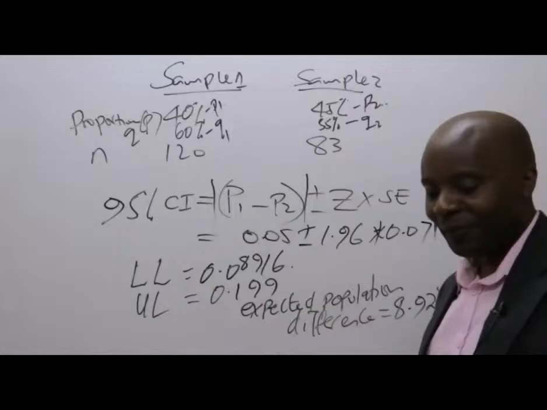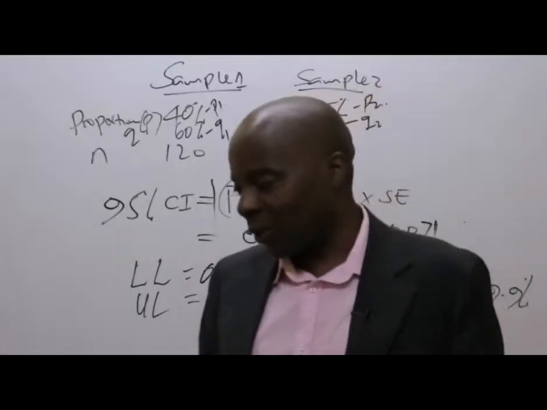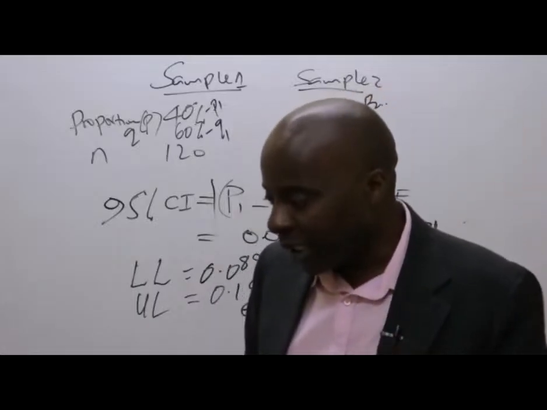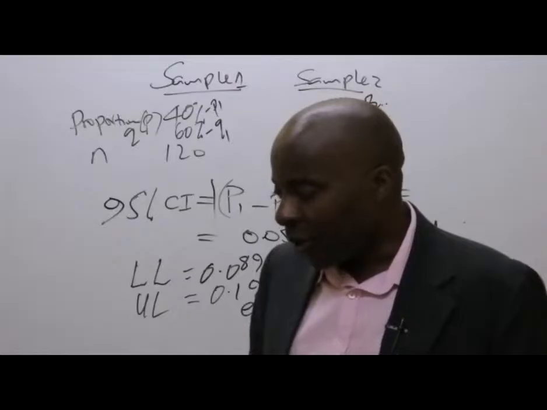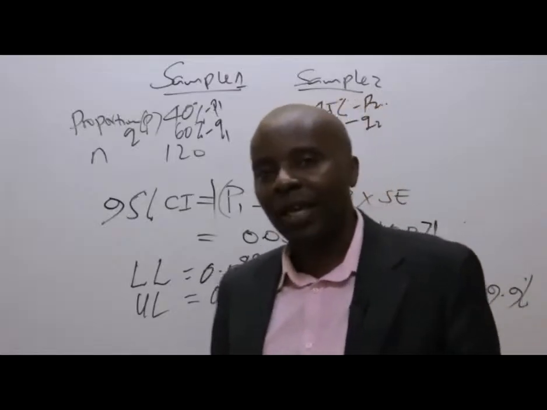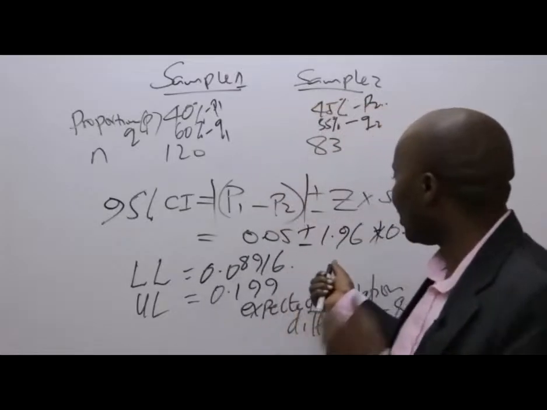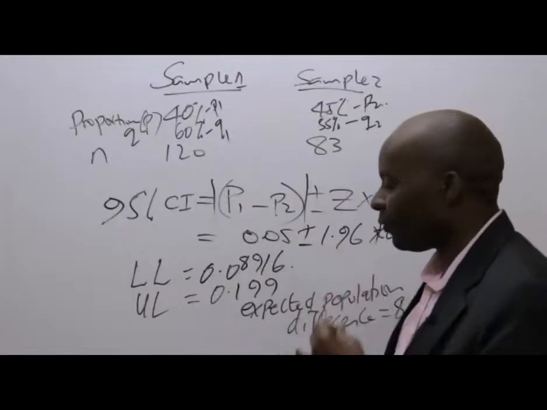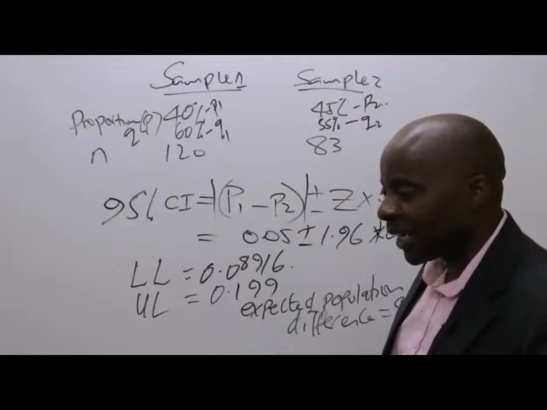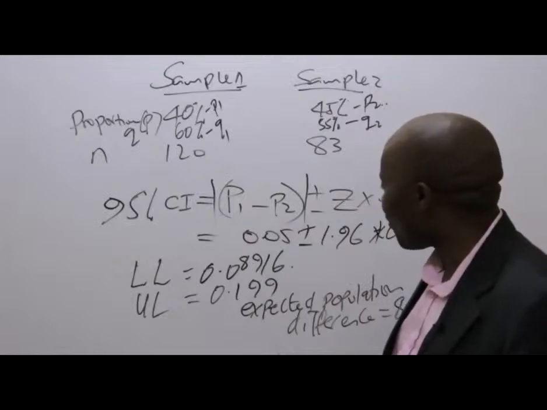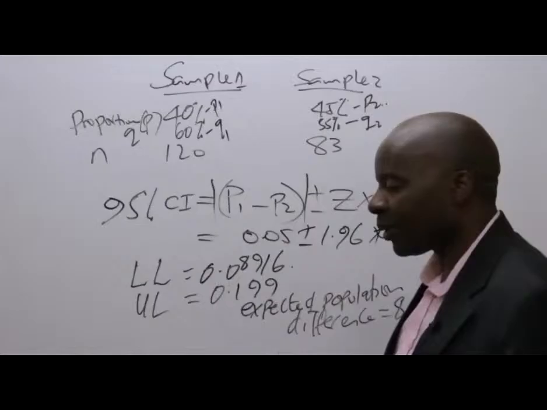Now, ladies and gentlemen, write again another title. We are still talking of, no, in the limits, we don't ignore the negative. In the limits, for example, is the lower limit here negative? 0.05 minus 1.96 times 0.071.